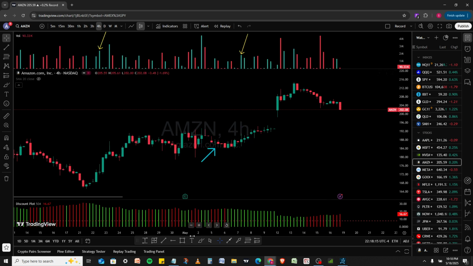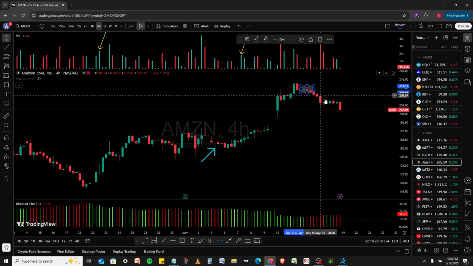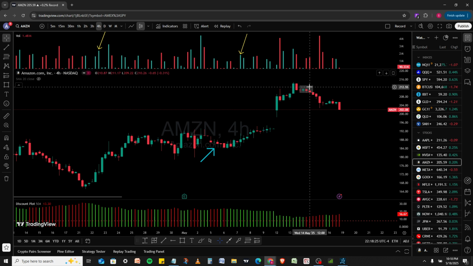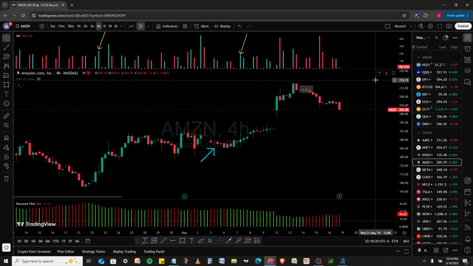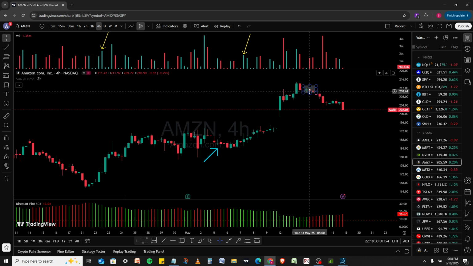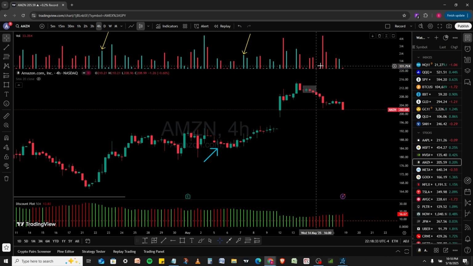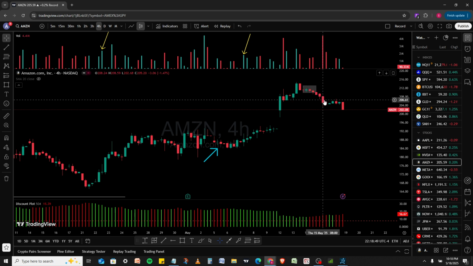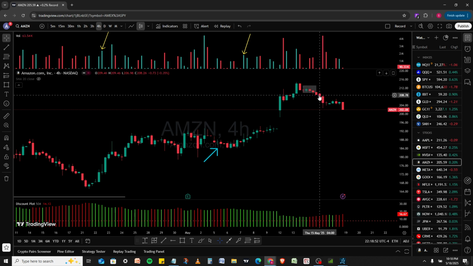If you analyze this on a box setup and draw this tight zone on the box, it gives us a good idea that there was a short compression zone forming, and it broke down, followed by hard selling from institutions or many market participants, telling you there is a big amount of selling happening in Amazon. So this box told us the compression was likely to break down, and that is what it did.